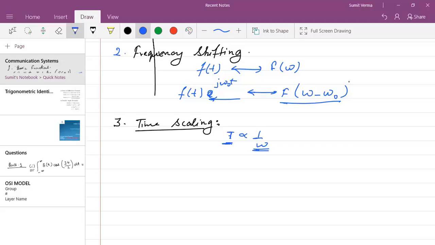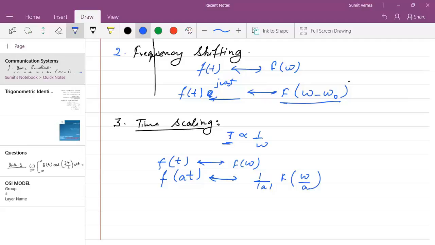So if I have a signal f(t) with Fourier transform F(omega), and I take the signal scaled by a factor a in the time domain, f(at), this becomes 1 by mod of a F(omega by a).